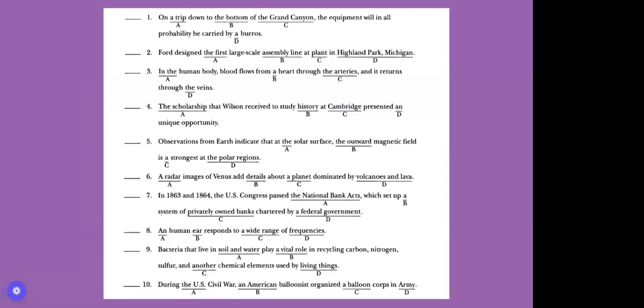For example, number 1, it says, on a trip down to the bottom of the Grand Canyon, the equipment will in all probability be carried by a burros. Here, the wrong word or phrase is a, because here we have a plural noun that doesn't need an article at the beginning.